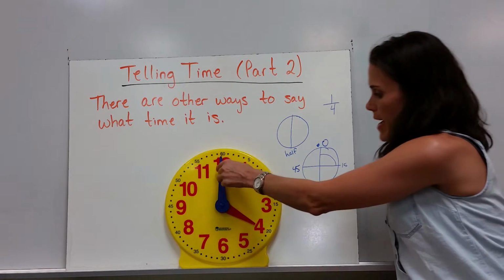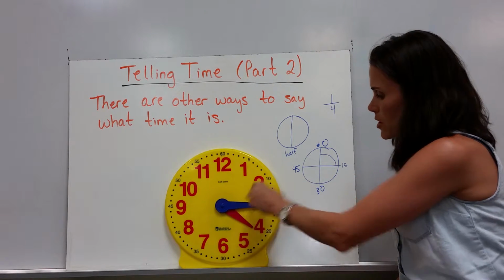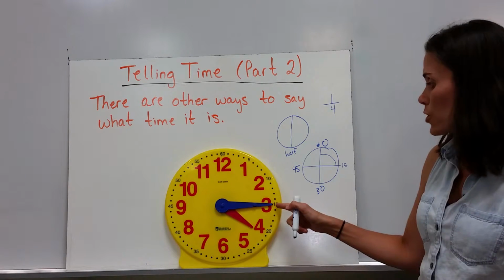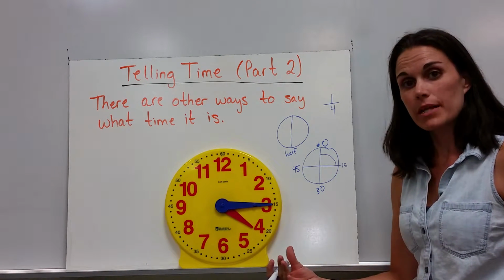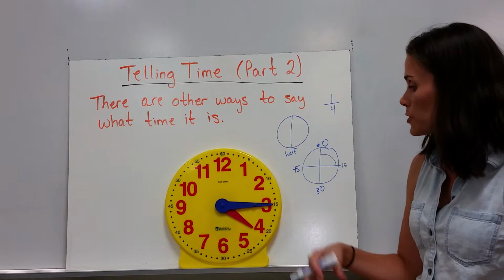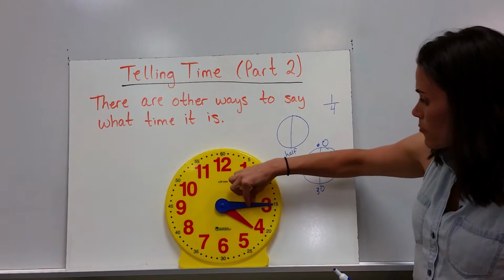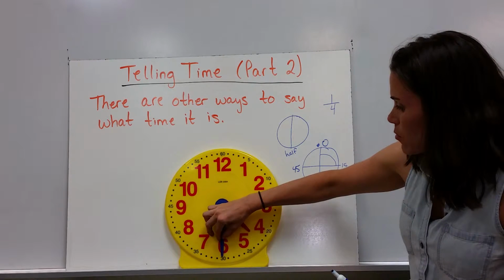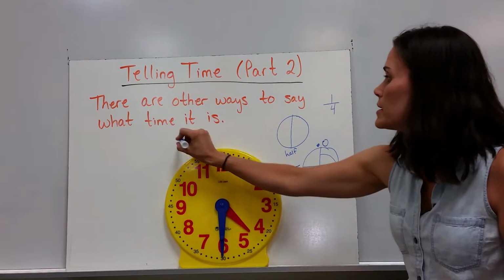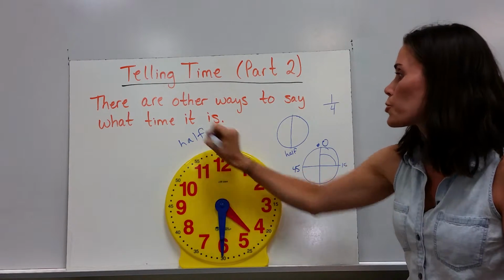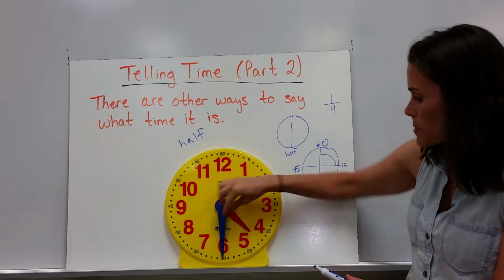All right, so if we have 4:15, we could say a quarter after 4 o'clock, which means 15 minutes past 4 o'clock. So a quarter after or a quarter past. If we come to the next 15, we already use the word half, H-A-L-F, so we would not say 2/4. We would just say 4:30.